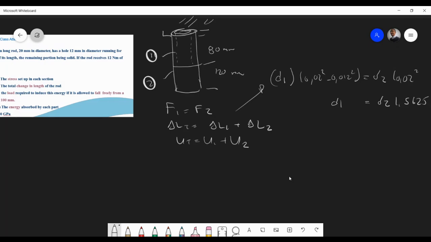If you get 1.5625, once you have this, obviously, they give you the total amount of strain energy in this particular rod. So here we have stress 1 squared over 2 times, they're both the same material.